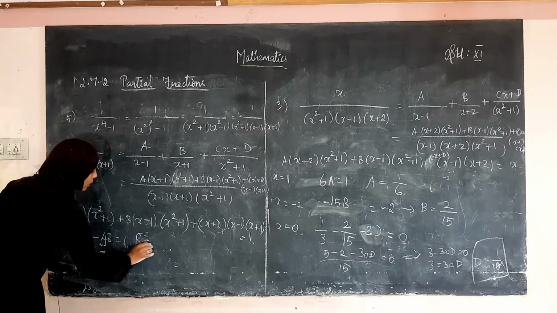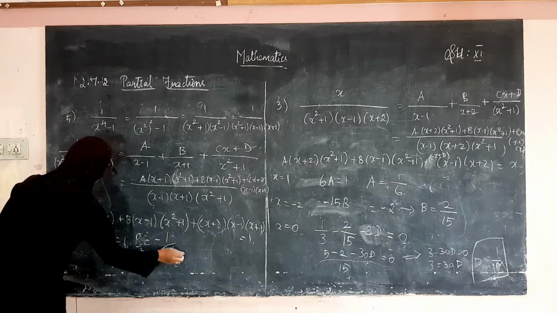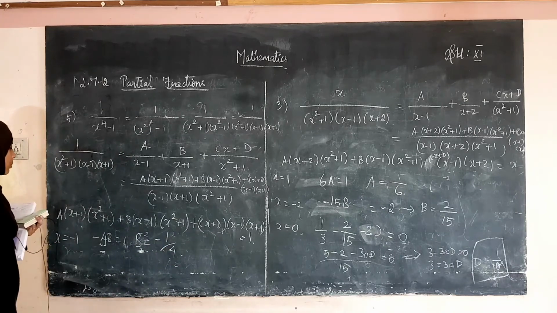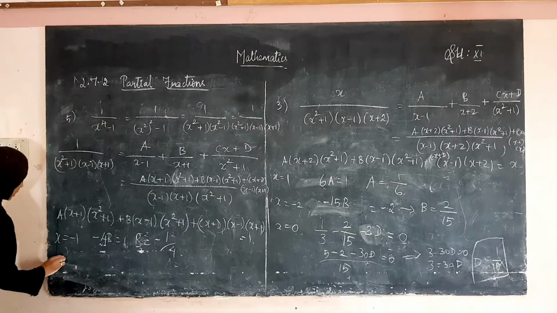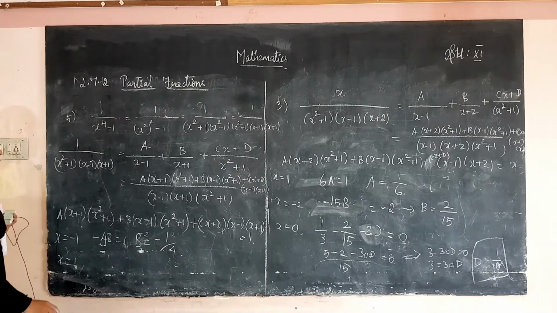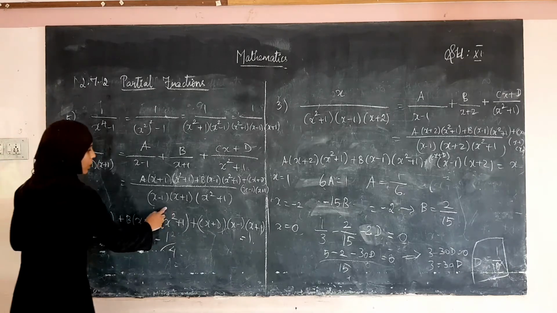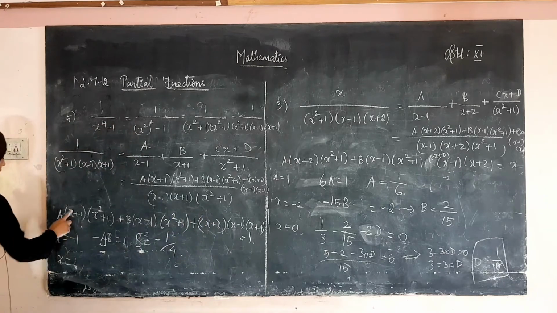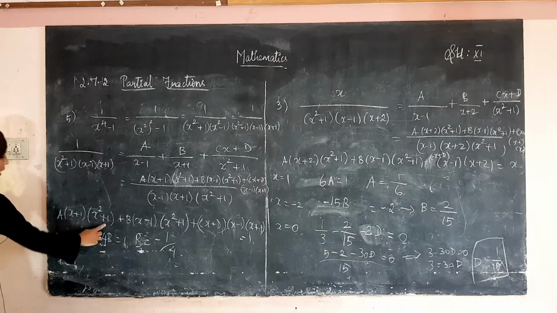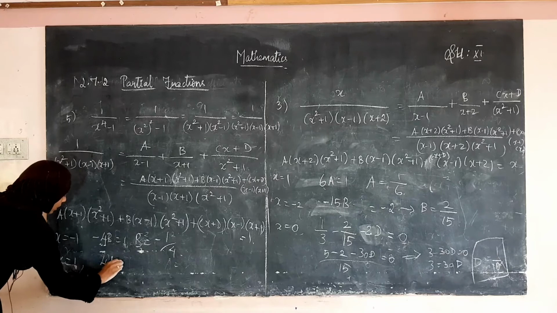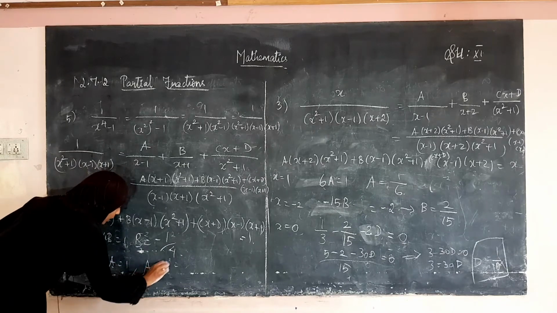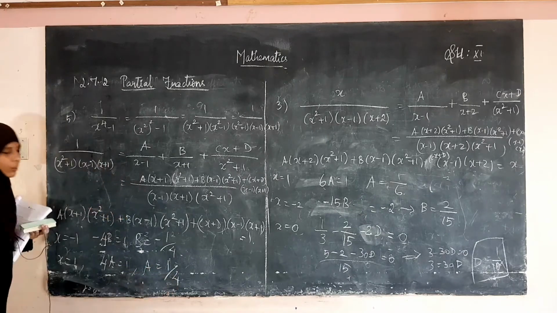The value of b is equal to minus 1 divided by 4. Okay, and then substitute the value of x is equal to 1. What happens? This becomes 0 and this becomes 0, and here 2 and here also 2. Therefore, 4 into a is equal to 1. The value of a is equal to 1 divided by 4. Okay.